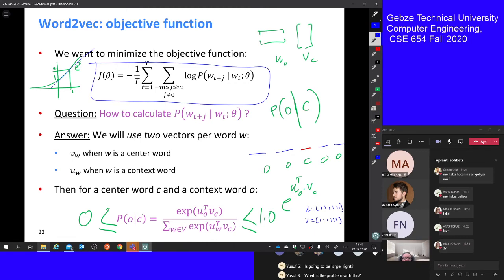I came up with this idea that assigns the word vectors the same values, ones. When I do that, the similarities between all the center words and all the context words will be very large, right?